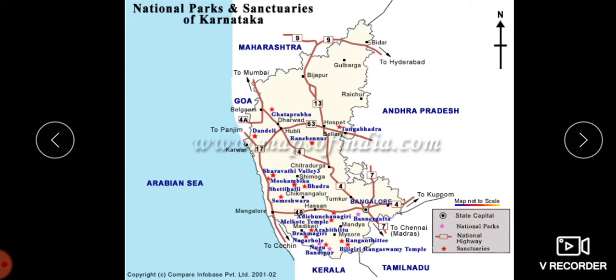The central part of the Western Ghats in Karnataka is called the Malnad and has retained the natural biodiversity heritage. As such, these areas are rich in a variety of animal resources.